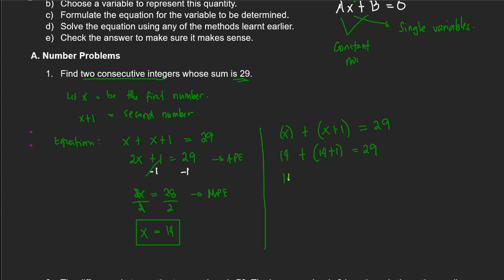Then copy 14. We're now checking the problem. Okay? Plus 14 plus 1, that is equal to 15, is equal to 29. 14 plus 15, that is equal to 29. So this means our solution here is correct.